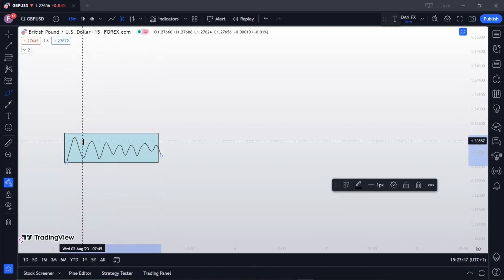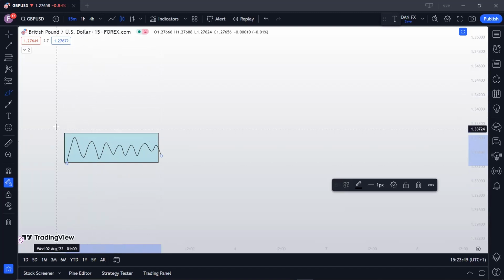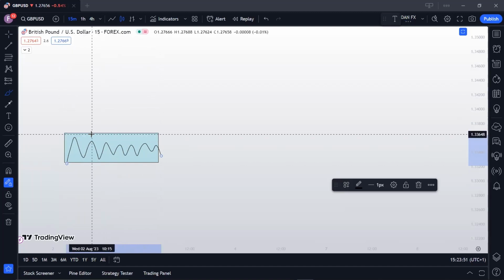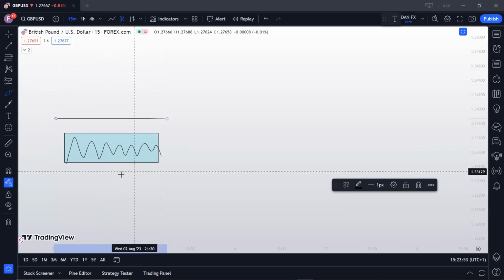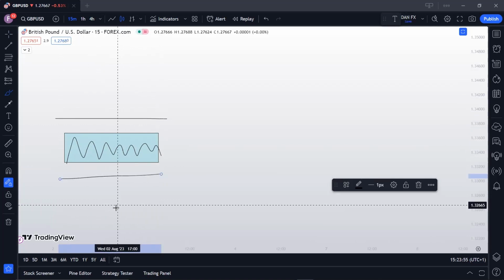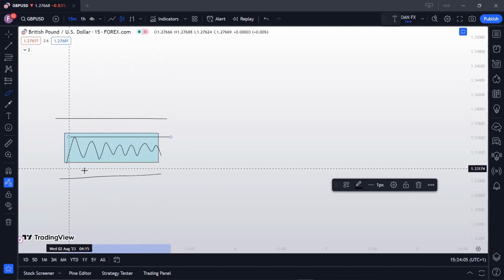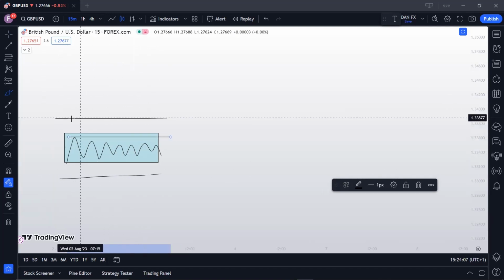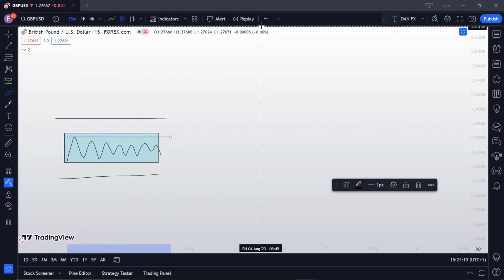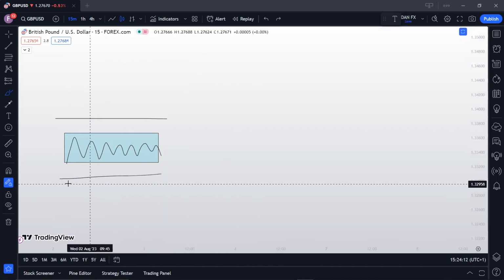During and after this consolidation, there's usually liquidity located at the top and at the bottom of the Asian range. Why? Because market makers are accumulating contracts, accumulating positions, right? So people are selling and buying, and their stop losses are above and below this range. That means there's liquidity above and below.